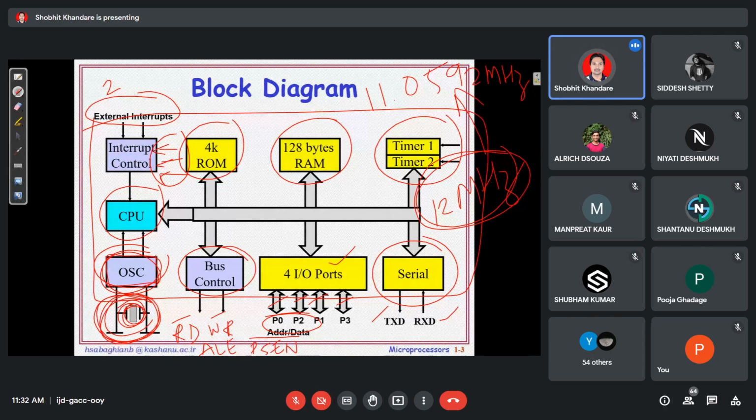a complete oscillator, and you will have 12 megahertz as a clock frequency, which will be given to the CPU, because inside the CPU you have all the operations done. It can be arithmetic operation, logical operation, data transfer, anything. Remember, every operation taking place in the CPU will always be in synchronization with the clock pulse.